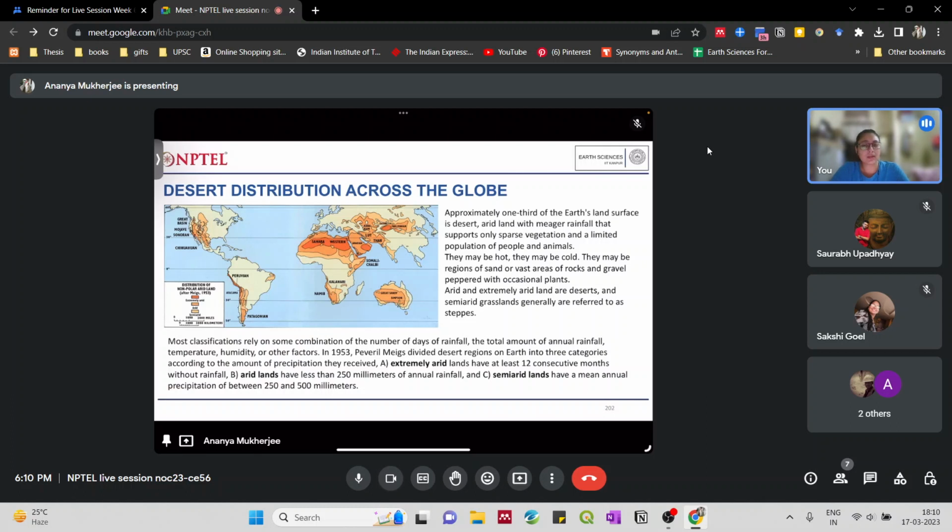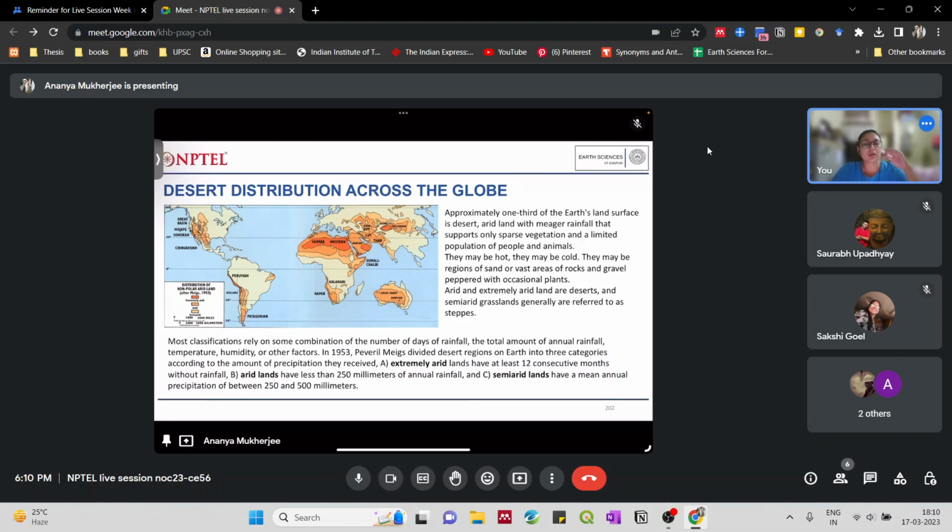But deserts can be hot and cold. Mostly in aeolian geomorphology, we are going to focus on the hot deserts. Usually these areas are vastly covered by sand, or you will find coarser rock fragments, or you will have exposures of rocks jutting out at places in the desert.